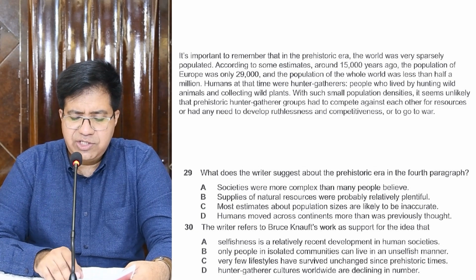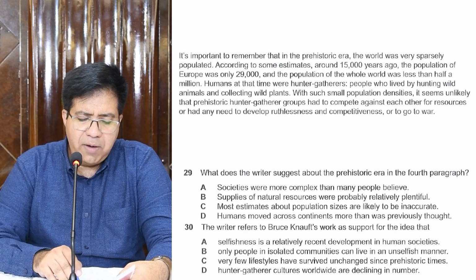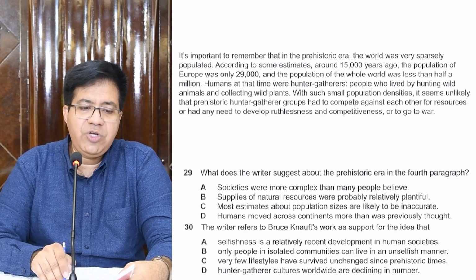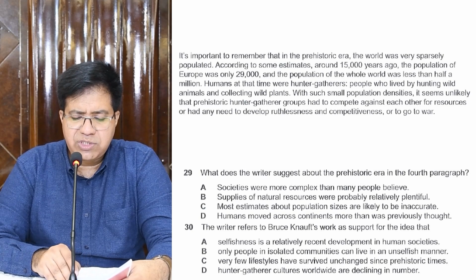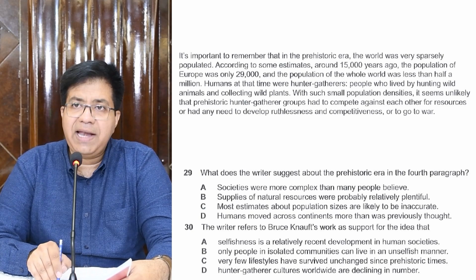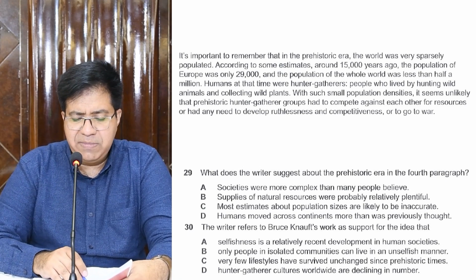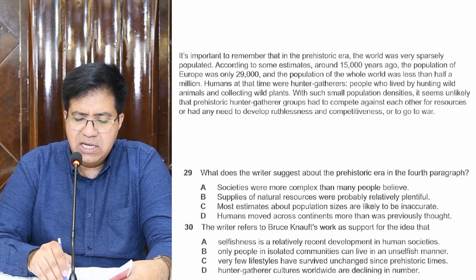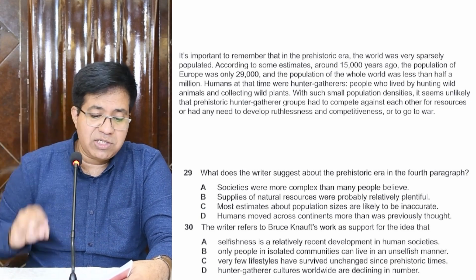What does the writer suggest about the prehistoric era? Option A, societies were more complex than many people believe. Not at all. Option B, supplies of natural resources were probably relatively plentiful. Yes. Option C, most estimates about population sizes are likely to be inaccurate. They did not mention accurate population size.